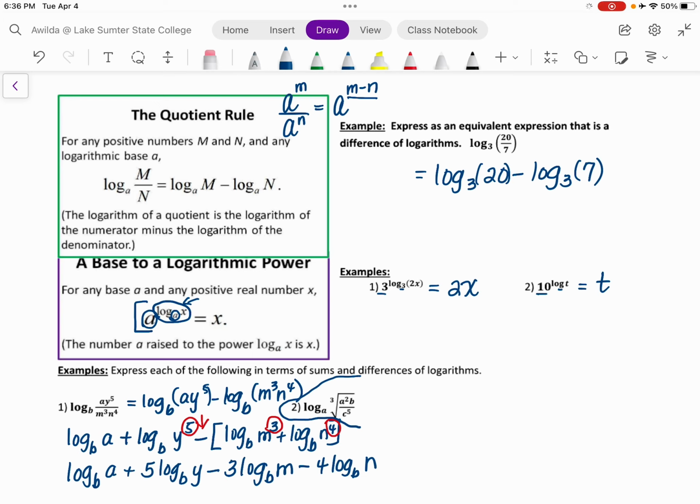I think, however, because everything is under that cubic root symbol, I will need to take care of that first. So I'm going to start by writing this as logarithm base a of a squared times b all over c to the 5th power. And then I'm going to write the cubic root as being an exponent of 1/3.